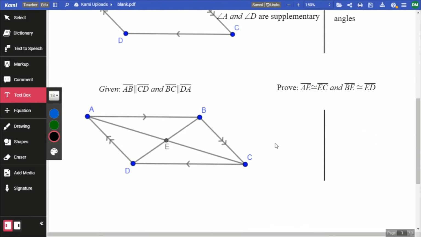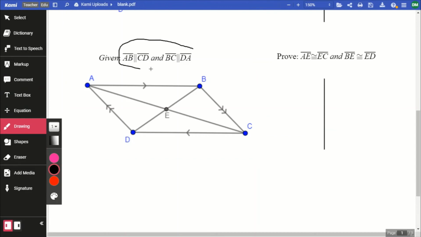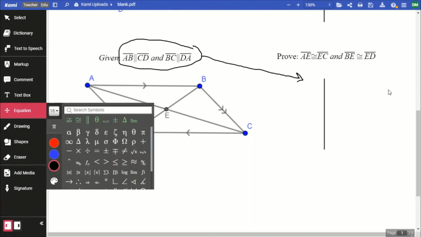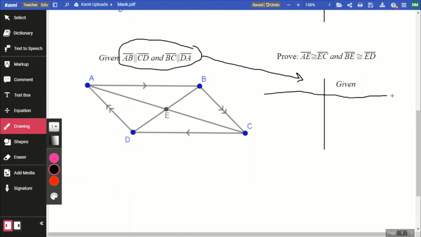All right, now we're on to prove property 4, that the diagonals bisect each other, and we're going to use some of the properties from above, or at least one of them. So first off, we've got our given right here. And our only given is that the opposite lines are parallel. And then we're going to use a property from above.